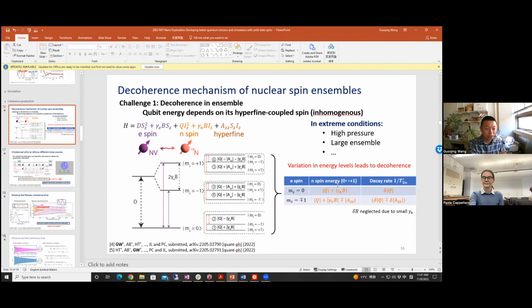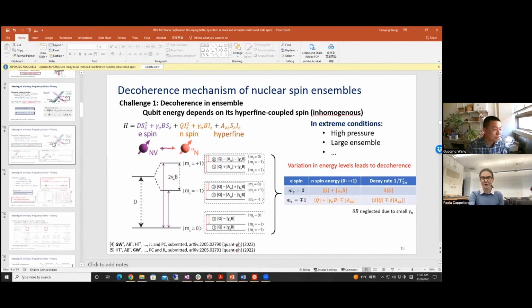If you have a range of different frequencies and sum them up, you will see the decay of the signal. This is the basic principle for why the decay rate of your coherence is related to the variation of your energy splittings.